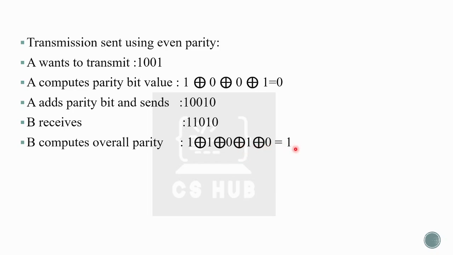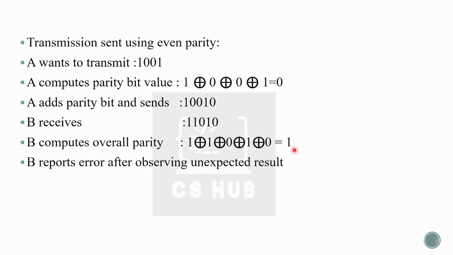So B got a result of 1, right? B got the parity as 1, but in our data, the last bit, the parity bit, is 0. There is a mismatch, right?